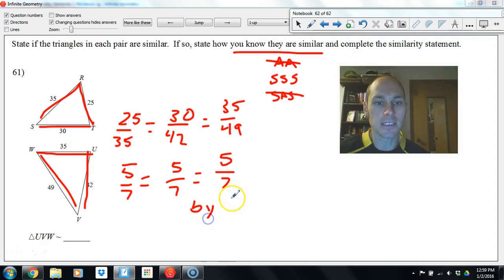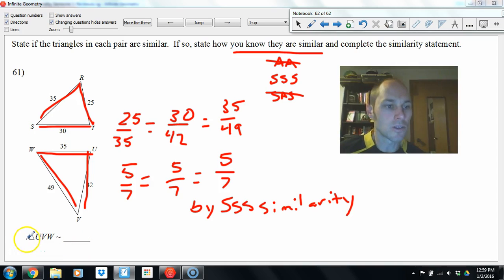So by SSS, side similarity, we can complete the similarity statement and state that triangle UVW will be similar to triangle... UV was the middle side.